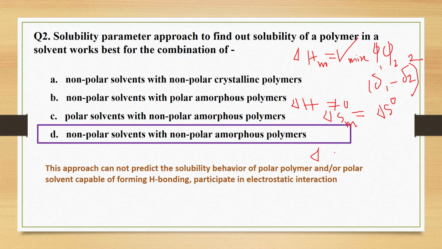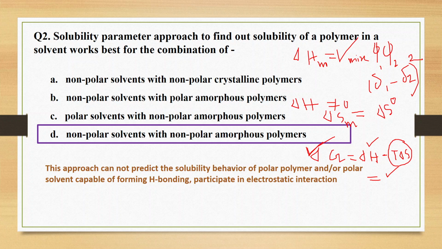So you all know that delta G equals delta H minus T delta S. So we know for ideal cases the delta S is always positive, so the minus T delta S term is overall negative. So obviously for the process to happen, delta G should be negative as well. So under what condition can it happen? When delta H is either 0 or a low positive value. Even if it has a low positive value, but smaller than this T delta S, then also we will end up with a negative delta G value.